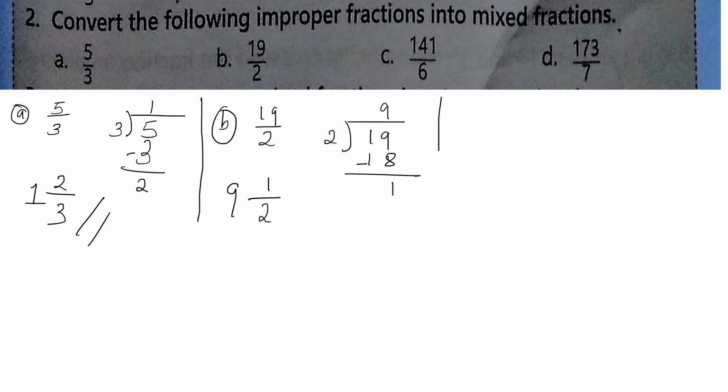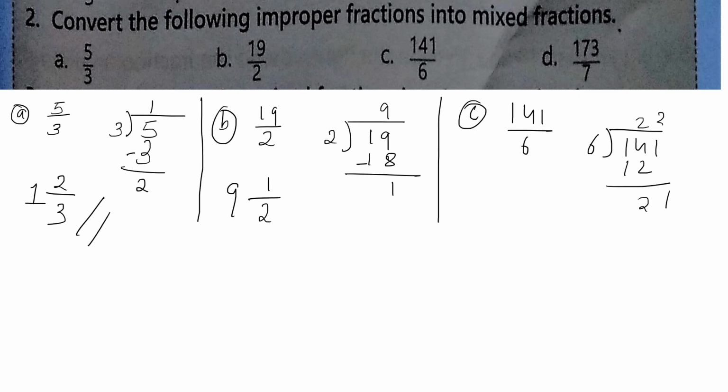Okay, 9 whole 1 by 2. Number C, 141 divided by 6. So divide it. 6 2s are 12, 6 3s are 18, 21 minus 18 is 3. So 23 whole 3 by 6.